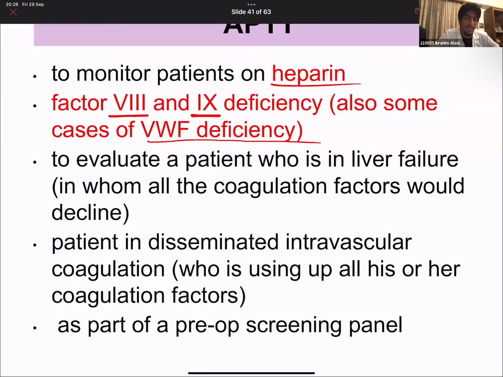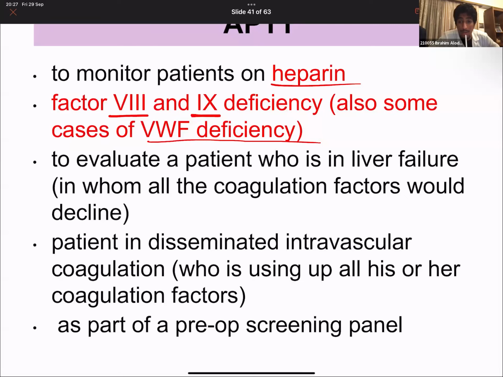Why might it be elevated in von Willebrand deficiency? Come on, think. Why would APTT be elevated in von Willebrand deficiency?